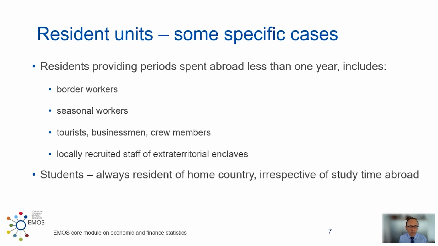Also, tourists, businessmen, or crew members are always counted as residents of their home country. Locally recruited staff of extraterritorial enclaves also count to their home country. Example, when an embassy engages a cook or a gardener, these people work there for a certain time, but they still count to the national accounts of their home country, where they have their home.